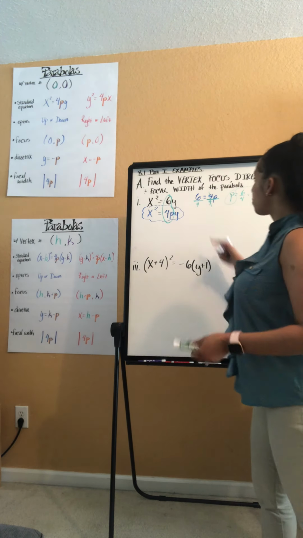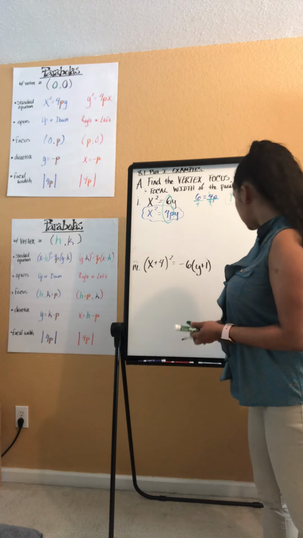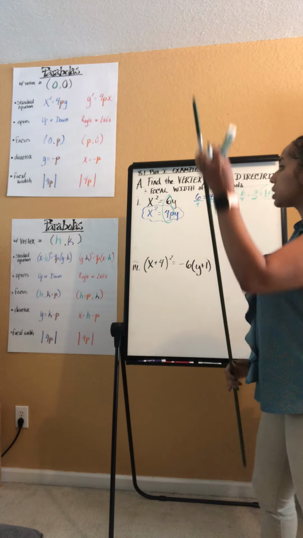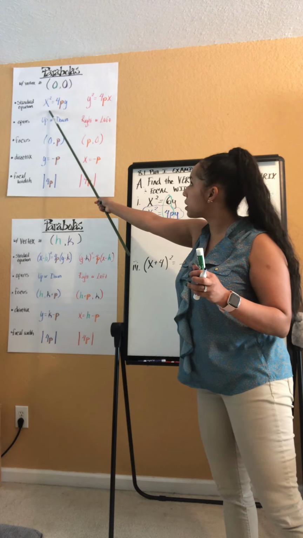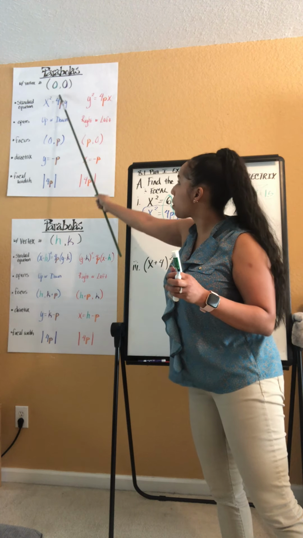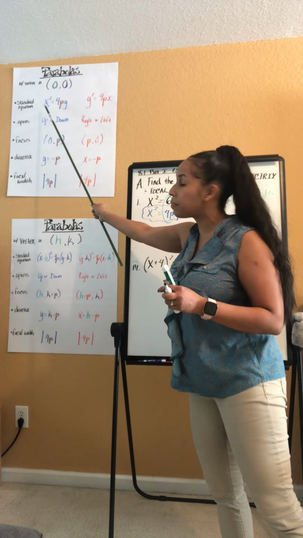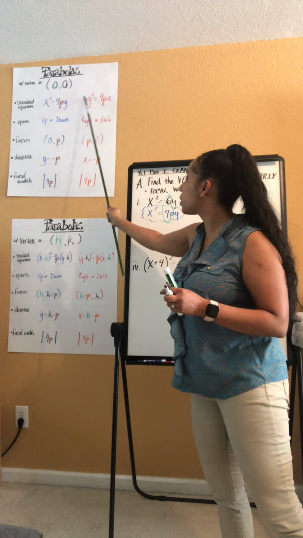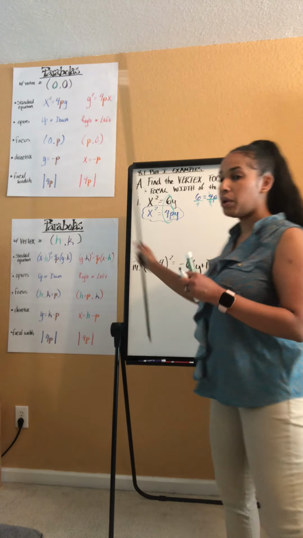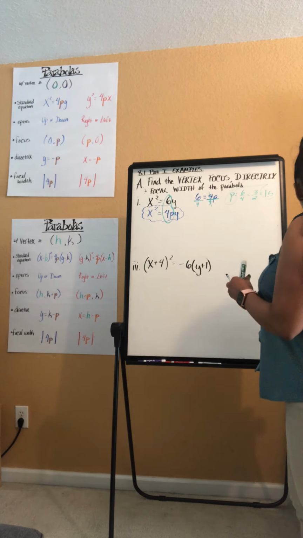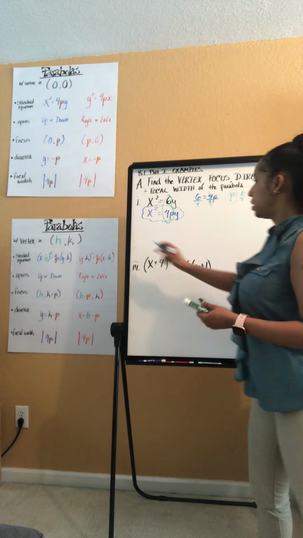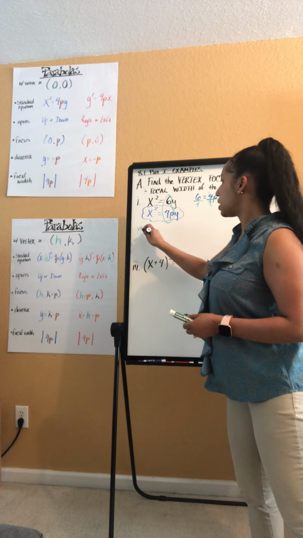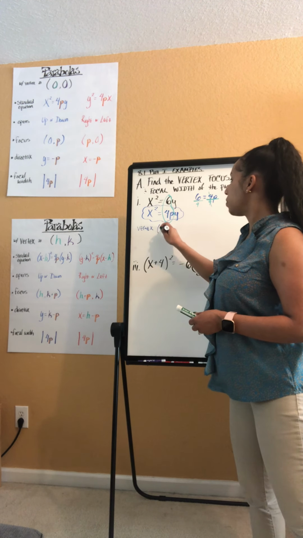Okay, so the things they asked me for, the vertex, I said that we were on this top sheet, right? Because it was a plain old x squared. So the vertex for both the blue and the red, when it's just a plain x squared or a plain y squared, your vertex is 0, 0. All right? So my vertex is 0, 0.